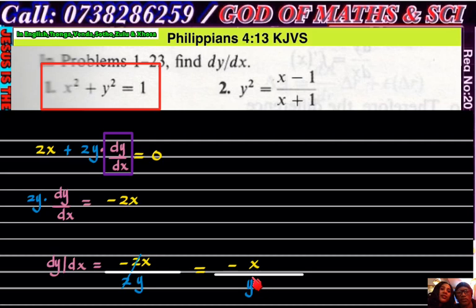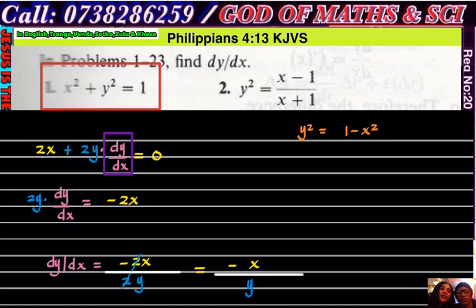You are not allowed to have y this side and a dy. The y must disappear. How do we do that? Well, simple. You go back to this equation here. Just make y the subject. When you make y the subject, you basically have y squared equals to 1 minus the x squared.